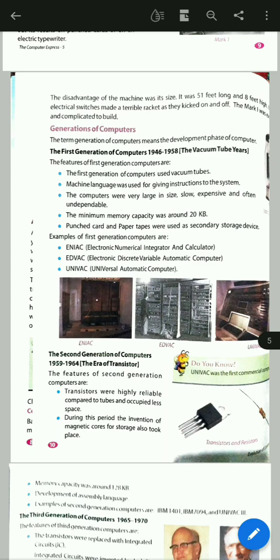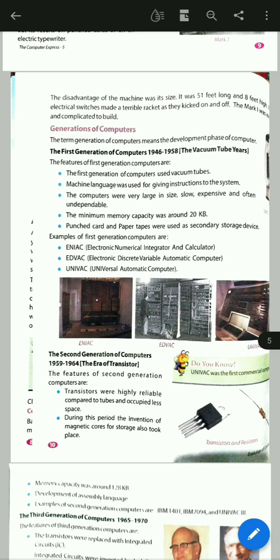The computers were very large in size, slow, expensive, and often undependable. The size of these computers was very large. They were expensive and slow, and even undependable.